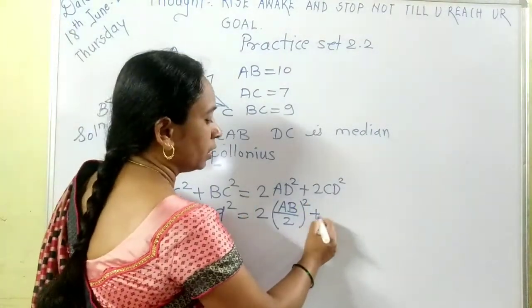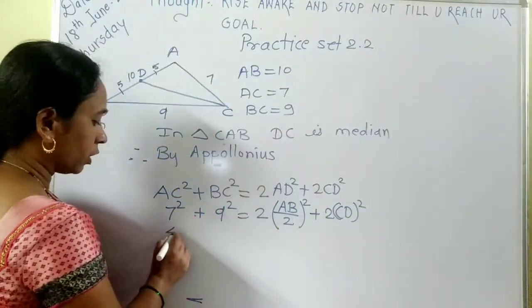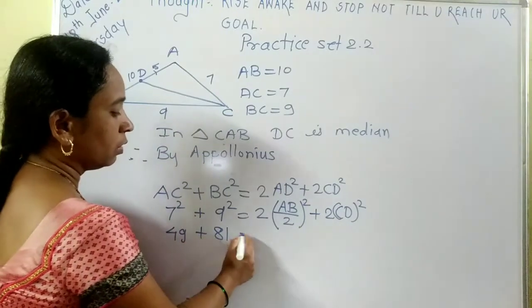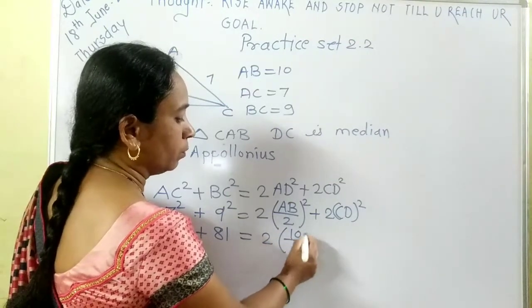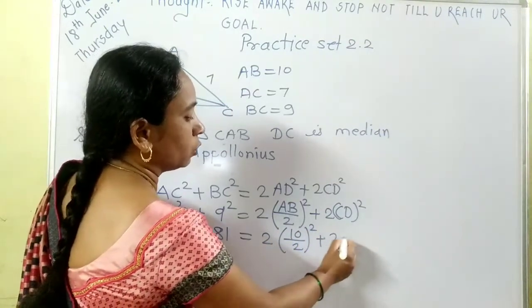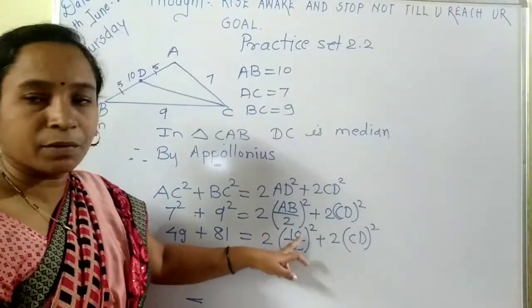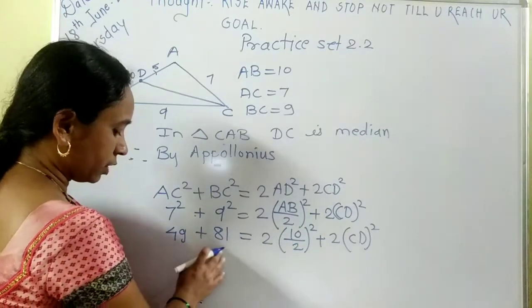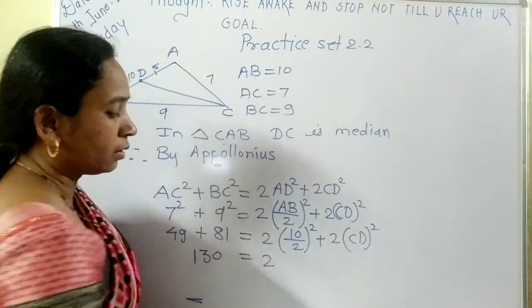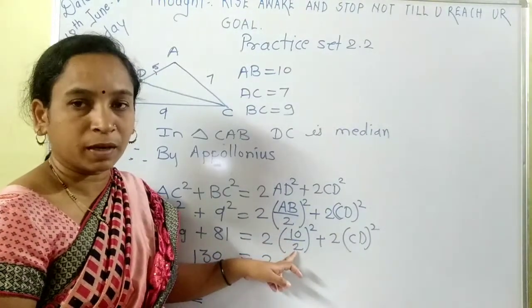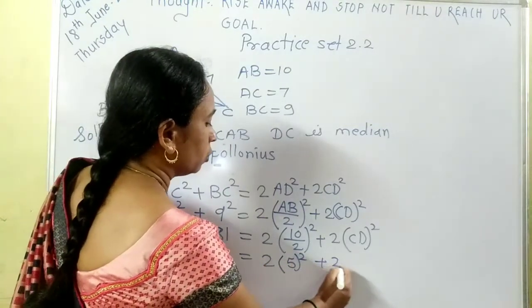So I have written plus twice CD square. 7 square is 49, plus 81, is equal to 2 into AB's value 10 upon 2 bracket square plus 2 into CD square. Their addition would be 130 is equal to 2 into 5 square plus 2 into CD square.